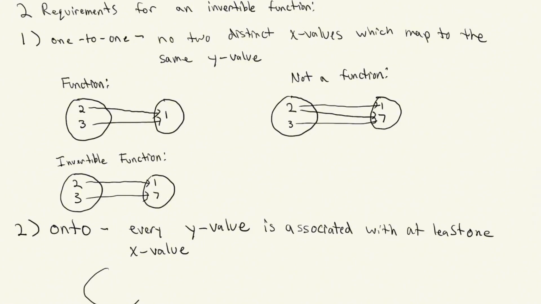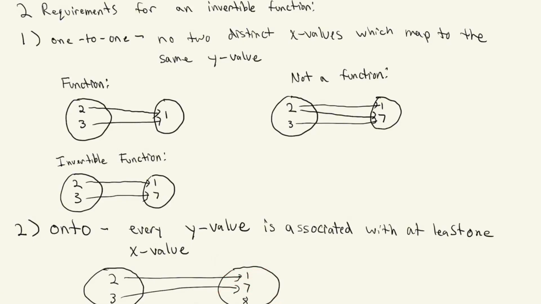So if we had a domain that looks something like this, 2 and 3, and if we had a range that maybe looked something like this, 1, 7, and 8, and the mapping was something like this, this would not meet the criteria for onto.